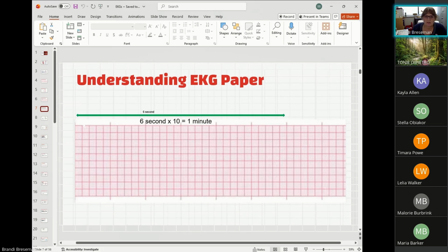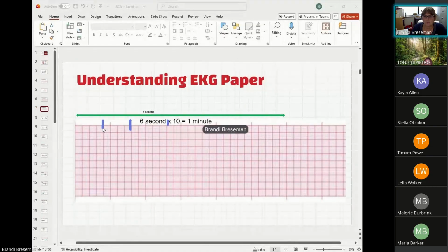So this would be 1 second here, your second between this one and this one, your third, your fourth, your fifth, and your sixth. So you see why it says you're going to measure from here to here, because that's your 6 seconds.